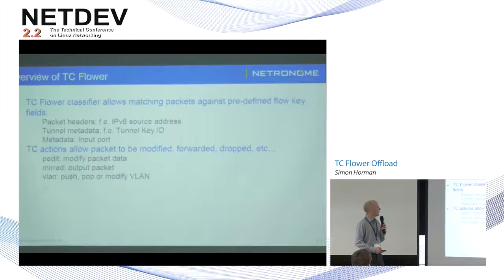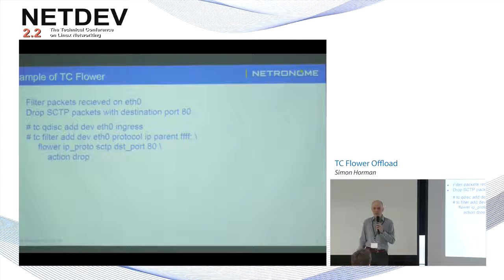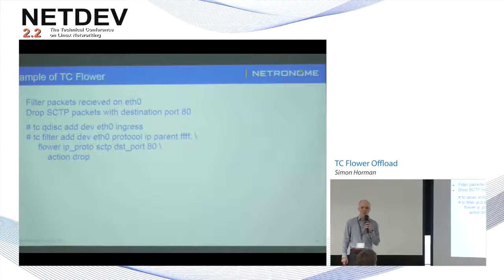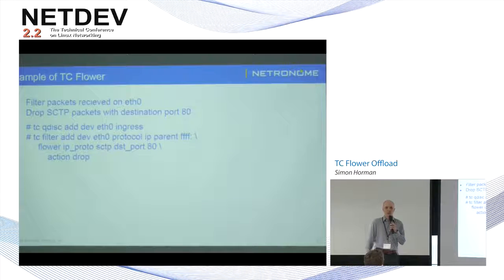Okay. So here's an example of TC Flower in action. Those familiar with TC will make more sense of this than those who aren't. But basically, firstly, we establish a qdisc on the ingress, which basically allows us to attach our Flower rules to something. And then the filter, we're adding it to eth0.